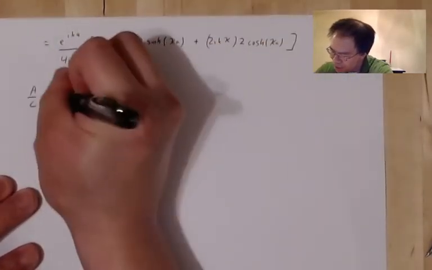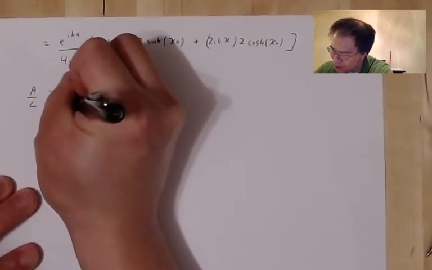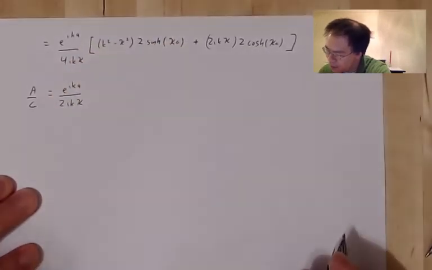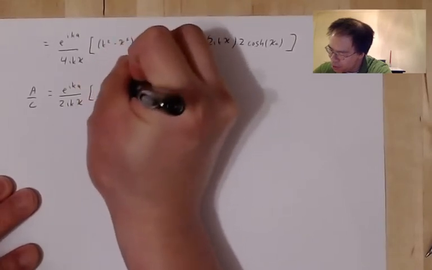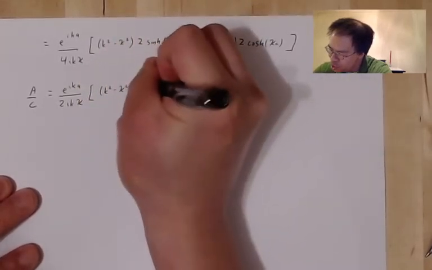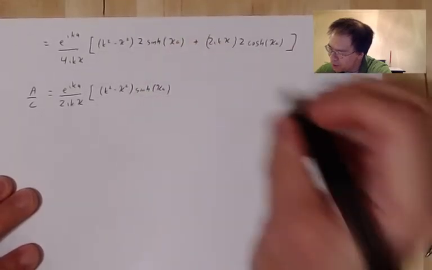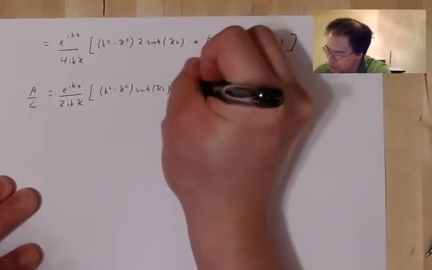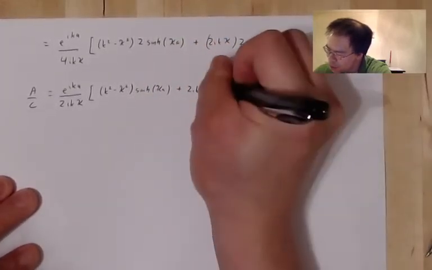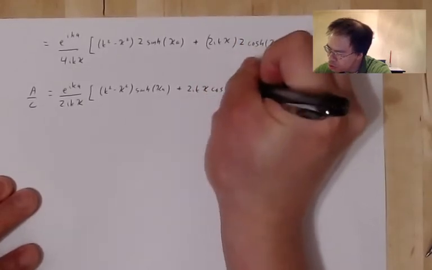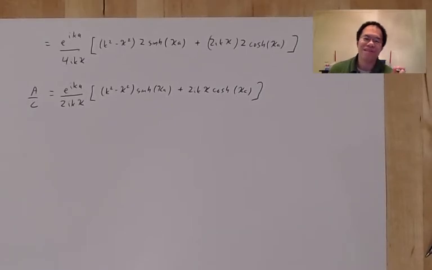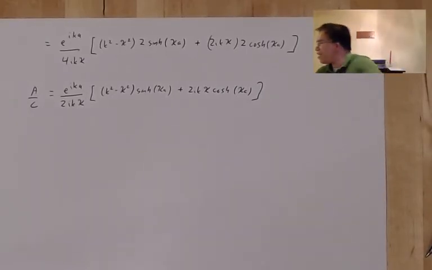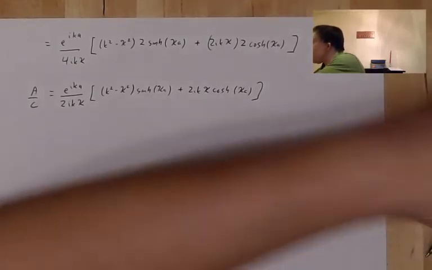It's going to cancel a 2 down here, 2ik kappa times k squared minus kappa squared sinh kappa a plus 2ik kappa cosh kappa a. Okay, so that gets us something that's a little better looking.